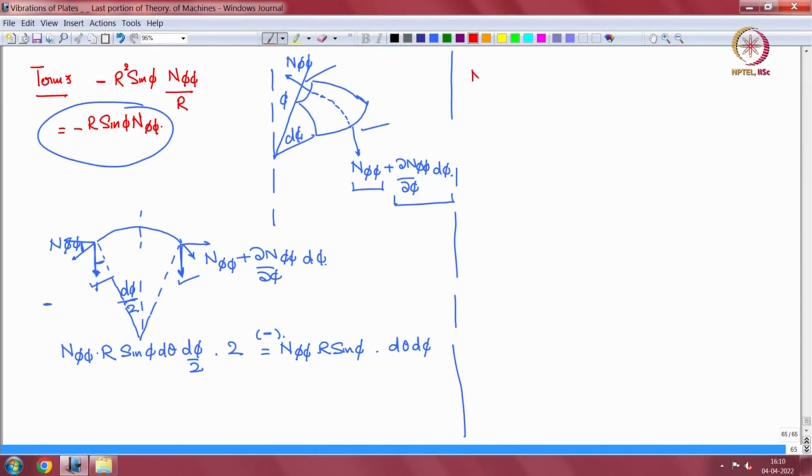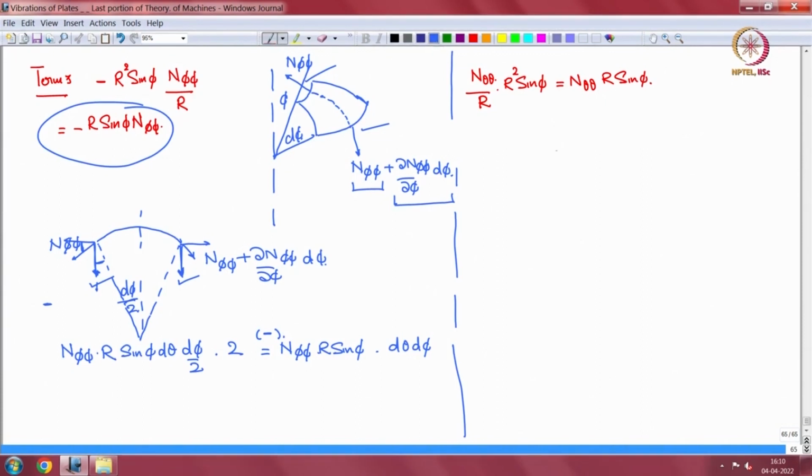N theta theta by r into r square sin phi, which is equal to N theta theta r sin phi. Okay.